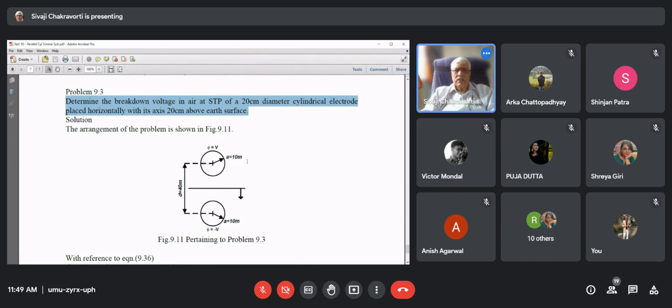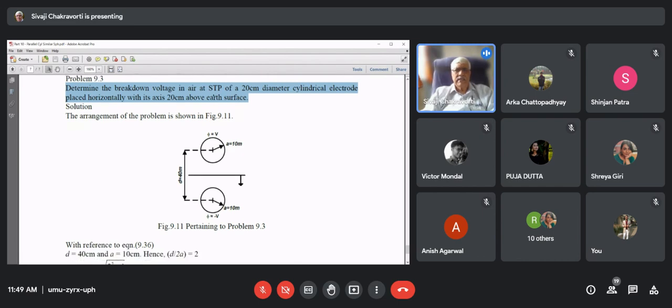Now here it is not two cylinders we are saying, but since we are saying Earth's surface, naturally there will be an image of that. So it will become a parallel cylindrical system. This is shown here, the cross-sectional diagram. The top cylinder, since the diameter is 20 centimeters, has a radius of 10 centimeters, and its potential is plus V. Its axis is 20 centimeter above the Earth's surface, so the axis of the image will be 20 centimeter below the Earth's surface.